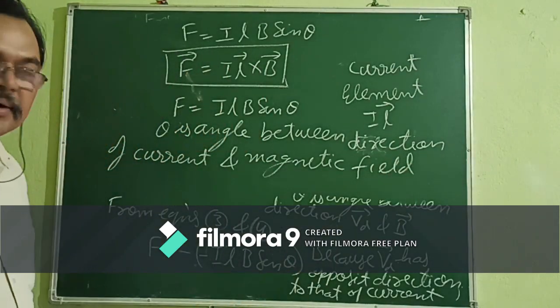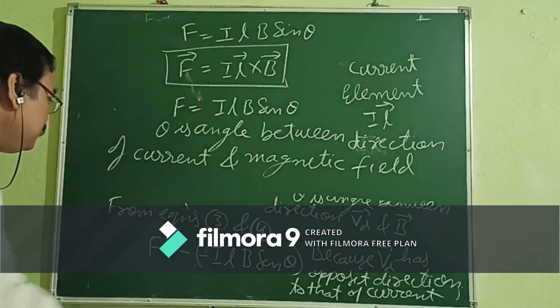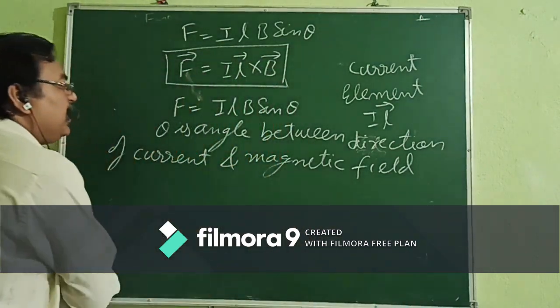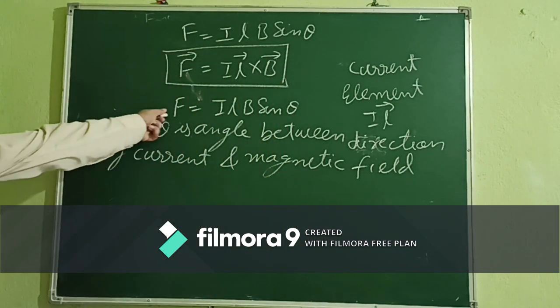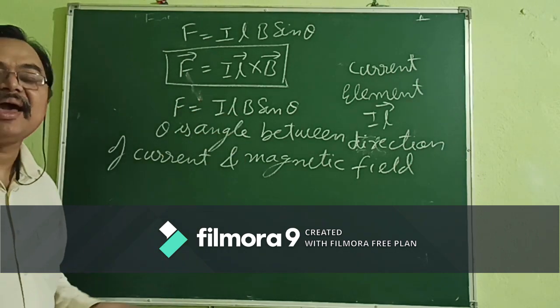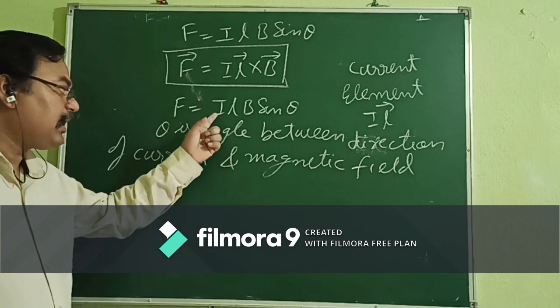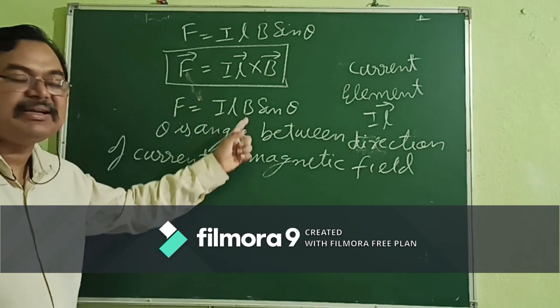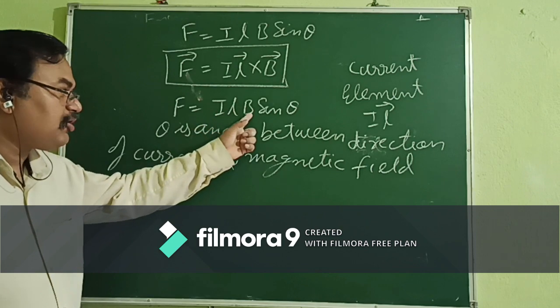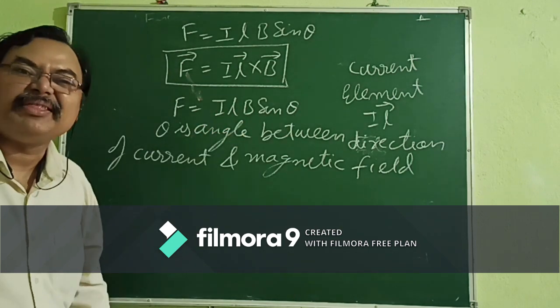So theta is the angle between direction of current and direction of magnetic field. And this is the expression for the magnitude of the force acting on a current carrying conductor, when it is carrying current I, having length L, and placed in a magnetic field B, such that the direction of current and direction of magnetic field make an angle theta between them.